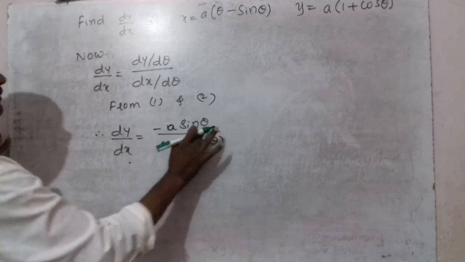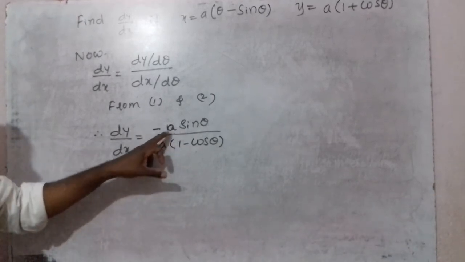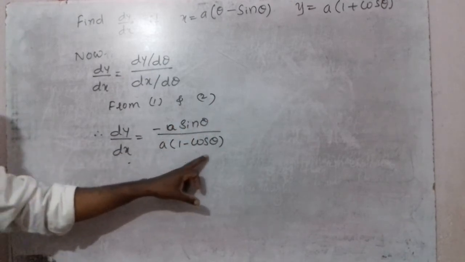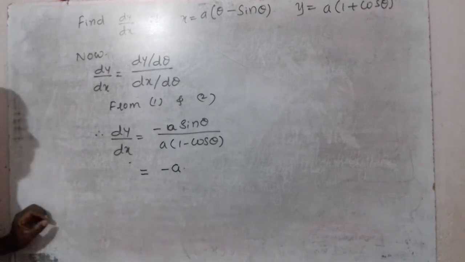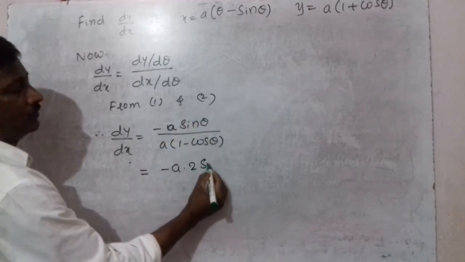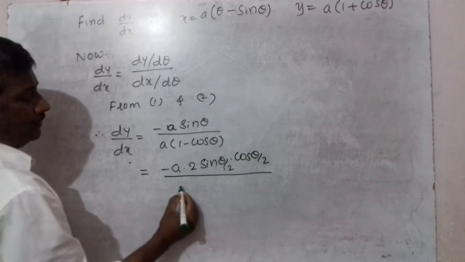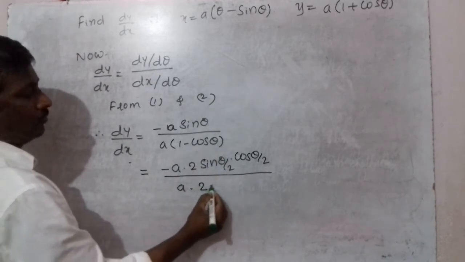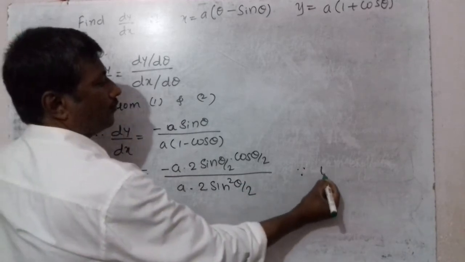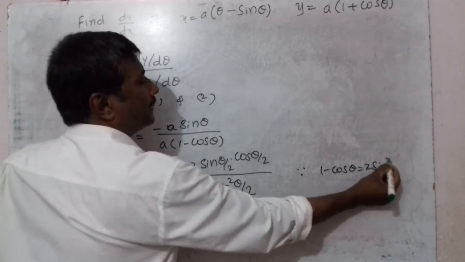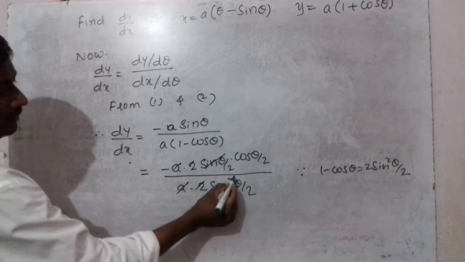Sin theta is 2 sin theta by 2 cos theta by 2, divided by a into 1 minus cos theta, which is 2 sin square theta by 2, because 1 minus cos theta equals 2 sin square theta by 2. The a cancels, the 2 cancels, and one sin theta by 2 cancels.